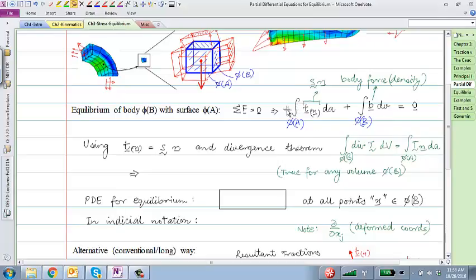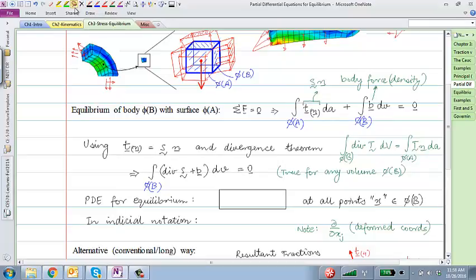We'll apply the divergence theorem to this integral, and we get the integral over the deformed volume of the body of the divergence of the Cauchy stress plus body force, times dV, equal to 0, vector.